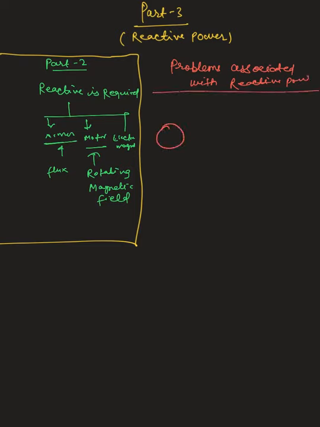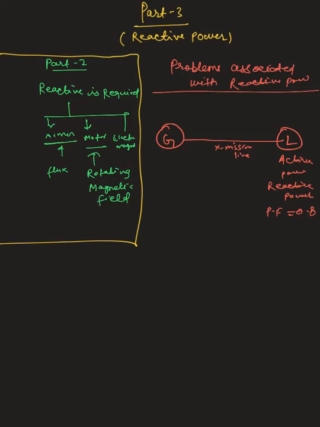Suppose there is a grid and there is a load and there is a transmission line. And suppose this load requires a certain amount of active power and a certain amount of reactive power. Let's say the power factor of the load is 0.8.